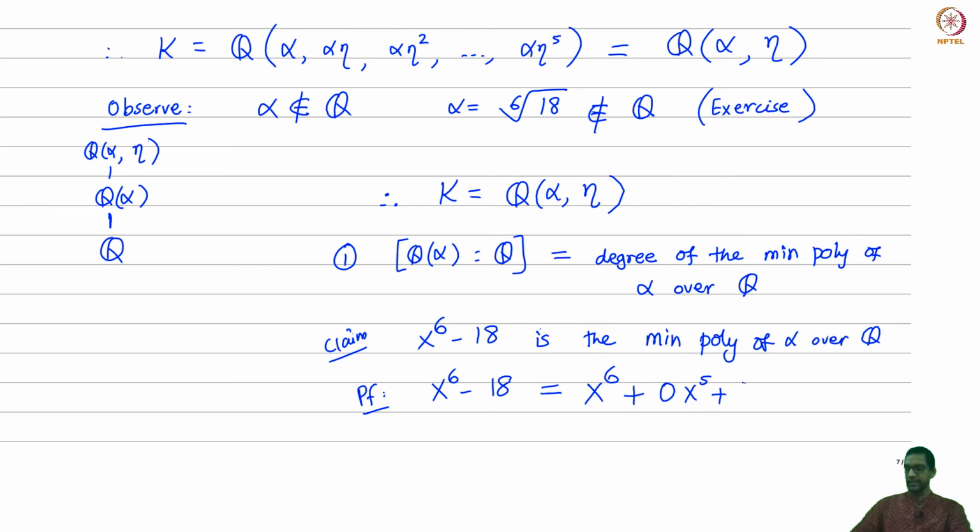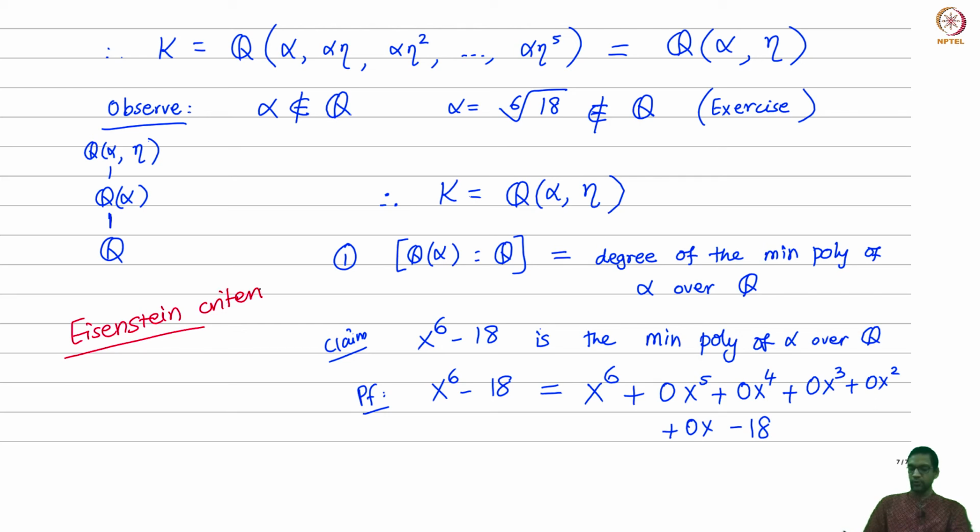So let's apply Eisenstein's criterion as follows. Observe, all the other coefficients are zeros: 0x squared, 0x, minus 18. And what does Eisenstein's criterion tell us? Let's recall it.